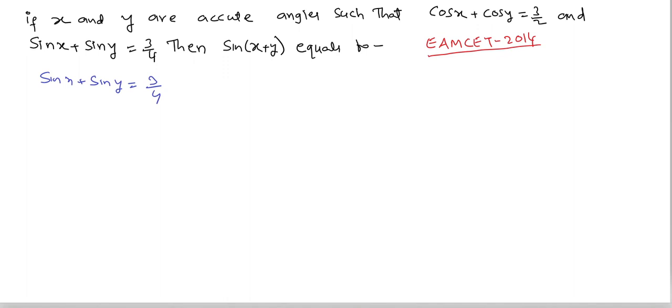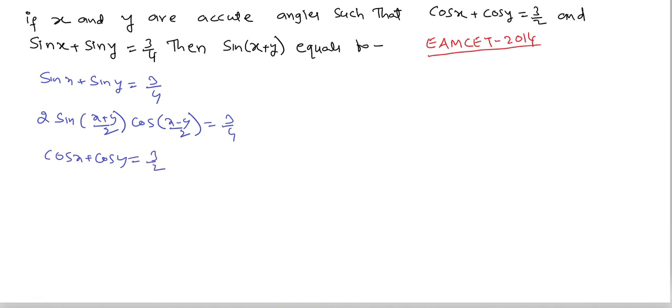Applying the sin c plus sin d formula, it is 2 sin x plus y by 2 into cos of x minus y by 2 is equal to 3 by 4. And the second equation is given, that is cos x plus cos y is equal to 3 by 2. Applying cos c plus cos d, it is 2 cos x plus y by 2 into cos x minus y by 2 is equal to 3 by 2. This is the first equation and this is the second equation.